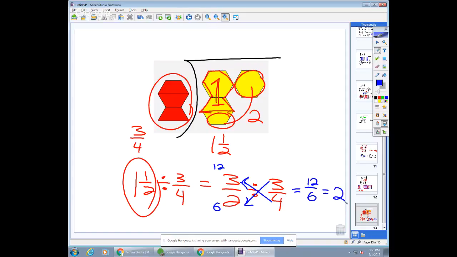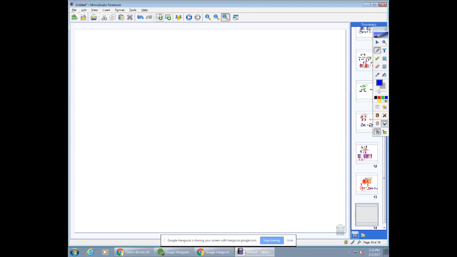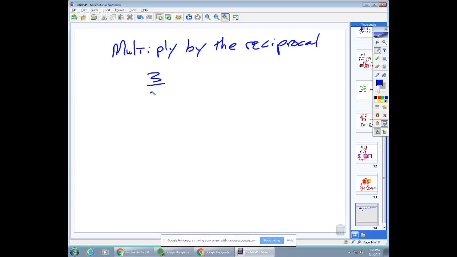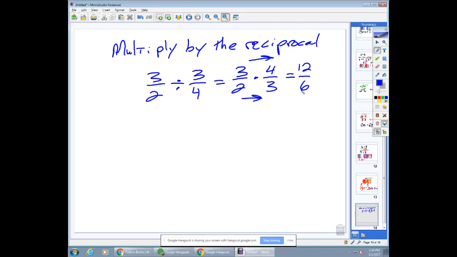Alternative algorithm is to multiply by the reciprocal. So 3 halves divided by 3/4 has to be the same as 3 halves times 4/3, which is 12/6.